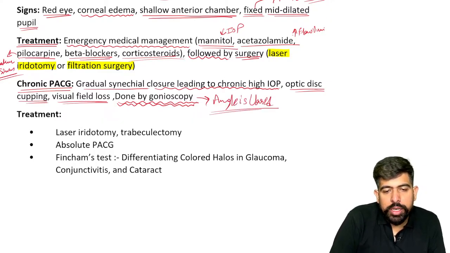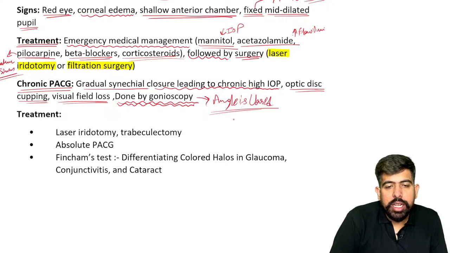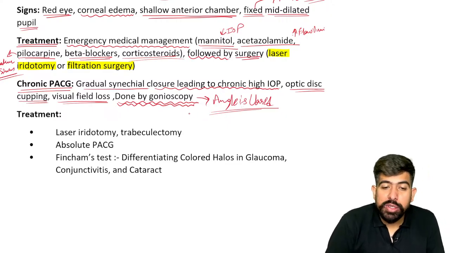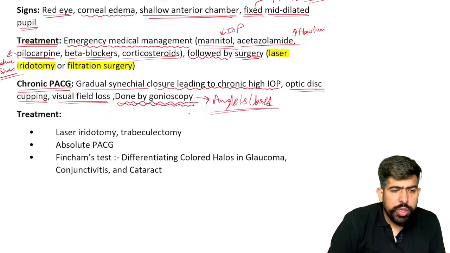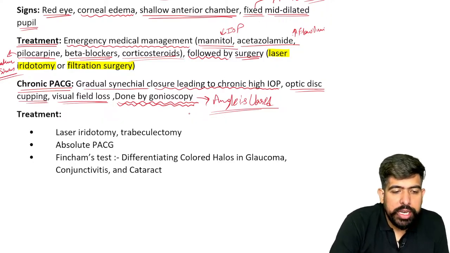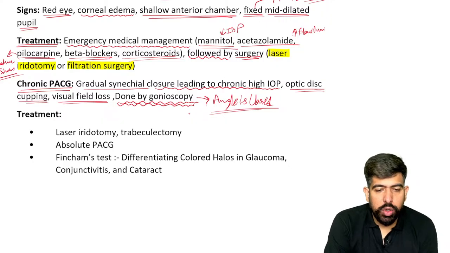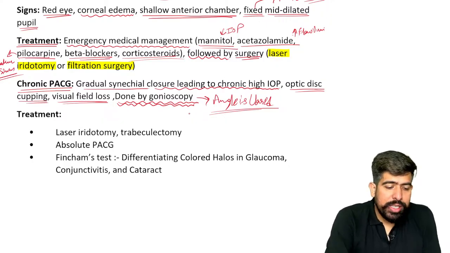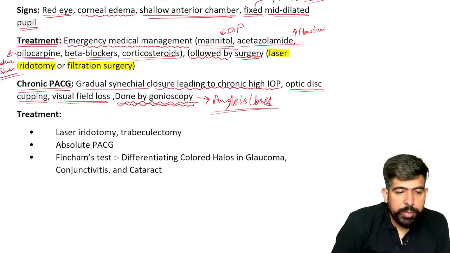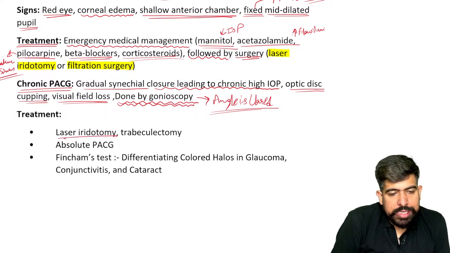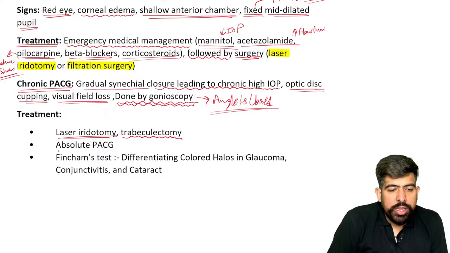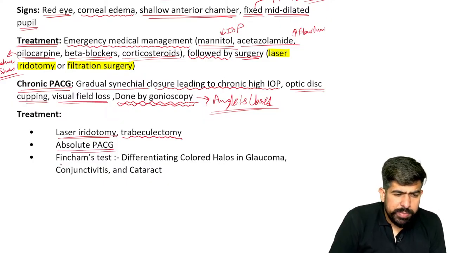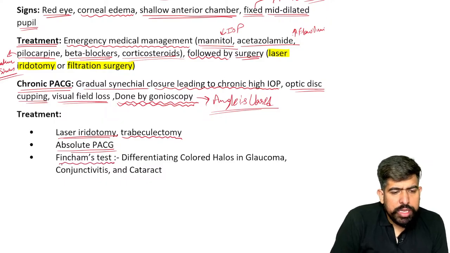If the angle is open, it means it is open angle glaucoma, right? So we have to confirm by gonioscopy that the angle is totally closed, right? Now, what is the treatment for this chronic one? Please remember, in the chronic, we have to do laser iridotomy or trabeculotomy. Okay. For the absolute angle closure glaucoma, we can do Fridgman's test for the absolute one.